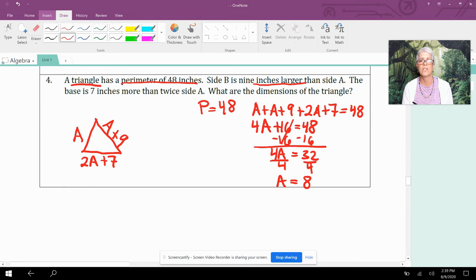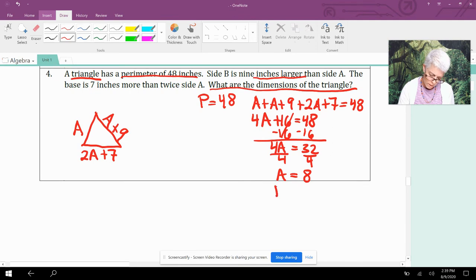It wants to know the dimensions of the triangle. There's 3 dimensions. So you have A, then you have B. B was A plus 9. So B is 17.